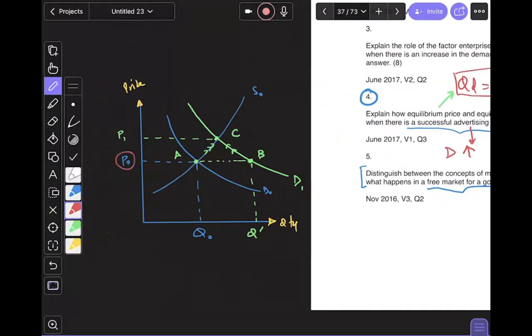And therefore, when the demand increases, at the old price there will be a shortage, and therefore a tendency for the price to go up till we come to point C, where QD becomes equal to QS again. Make sense?